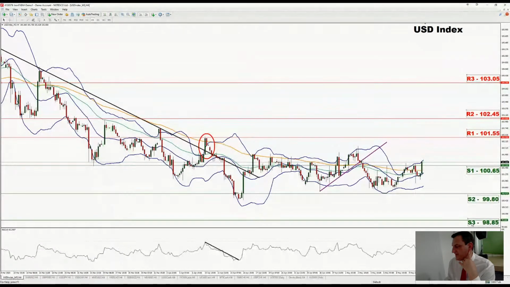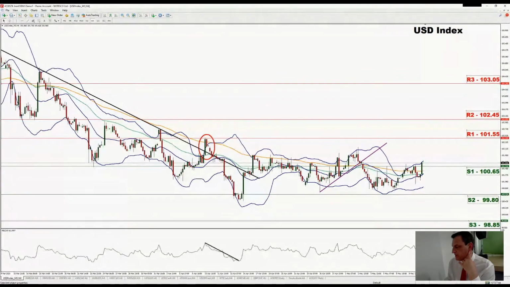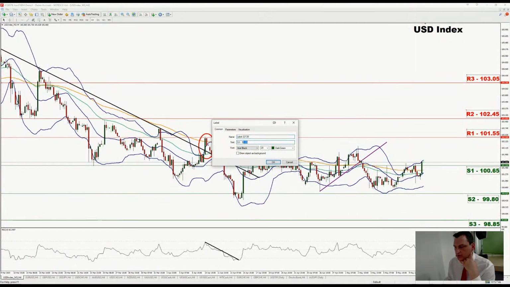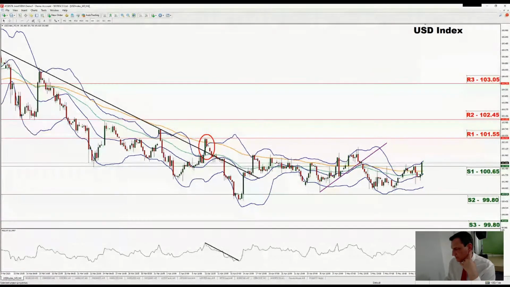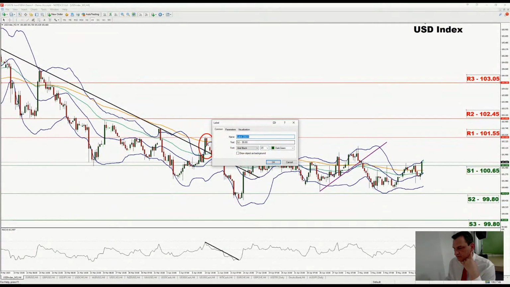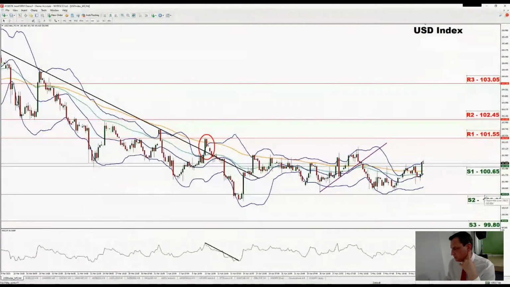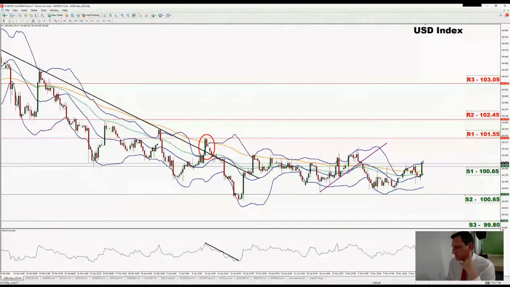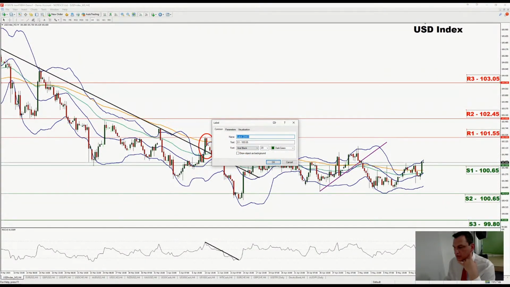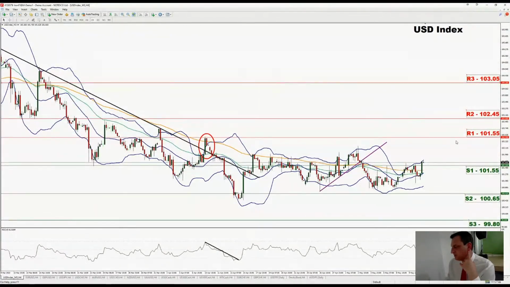So let's correct also the labels, starting with the S3, which is now being placed at 99.80. The S2 at 100.65. The S1 at 101.55, which used to be a resistance line, now has been turned to a support line, given that the price action has moved above it.